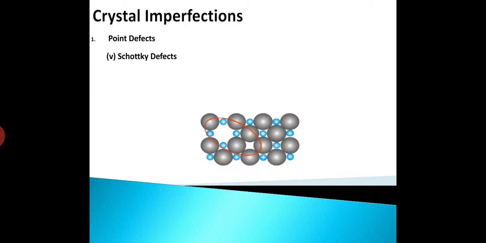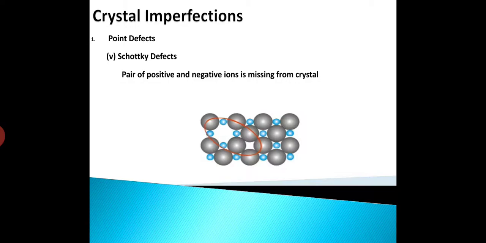The last type of point defect is the Schottky defect. As shown in the figure, it is also associated with a cation and anion pair, or a pair of positive and negative ions, but in this case there is only a missing of this pair. In the case of Frenkel defect, we have a missing as well as an interstitial position of the cation, while here there is a missing of the cation and anion pair, as shown in the figure.